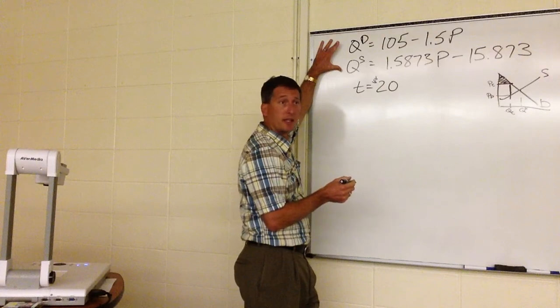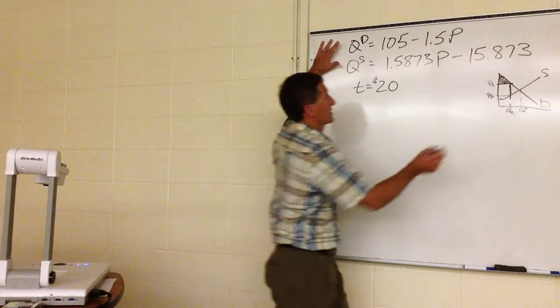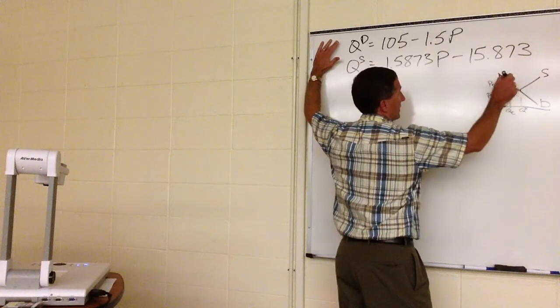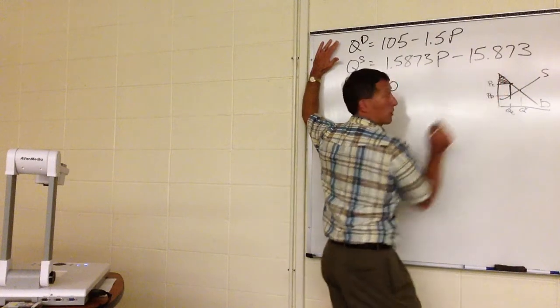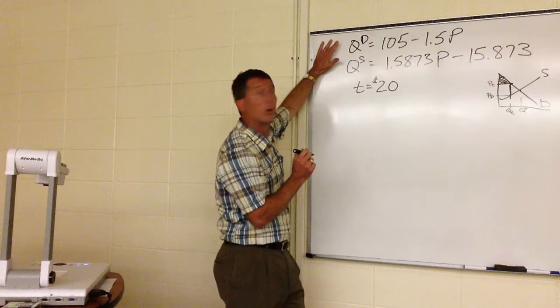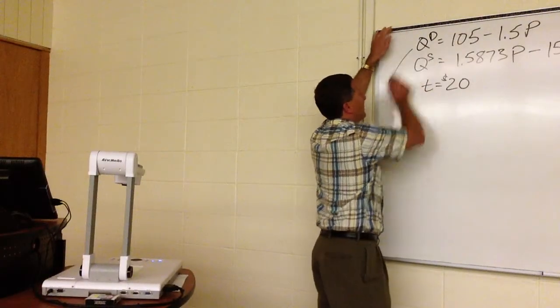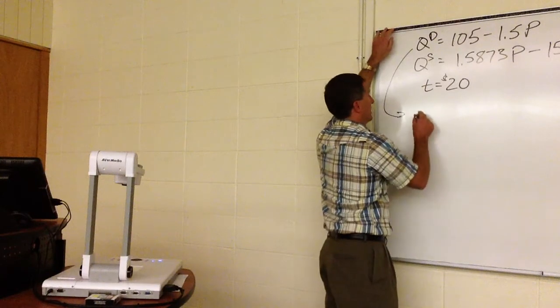We really don't need it for this particular problem, because all we need to find is this price, this quantity, and the choke price. So if I solve for the inverse demand curve, what do I get here?